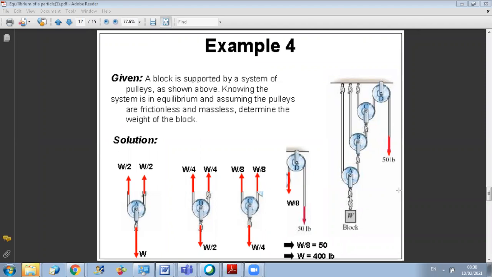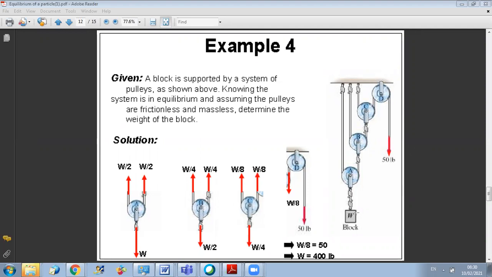Okay, so to start with, I will do the analysis from here. For example, they started by drawing the free body diagram of A until D. I will do the reverse procedure for you, and you will see that you will get the same result. Why do I choose the reverse procedure?